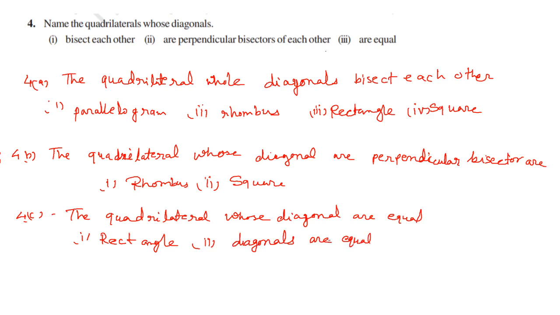So diagonals are equal in rectangles, so diagonals are equal in squares. In square diagonals are equal. In rectangle the diagonals are equal.